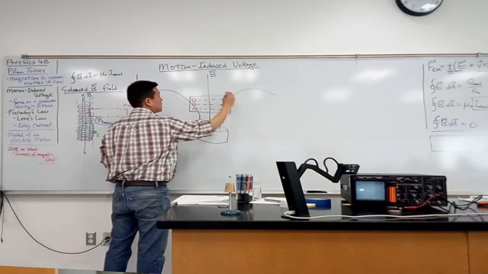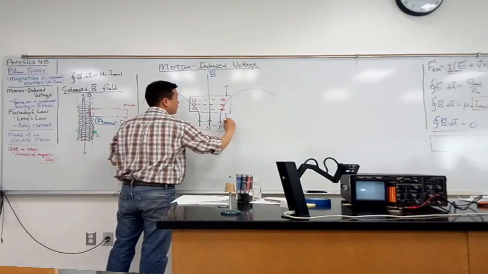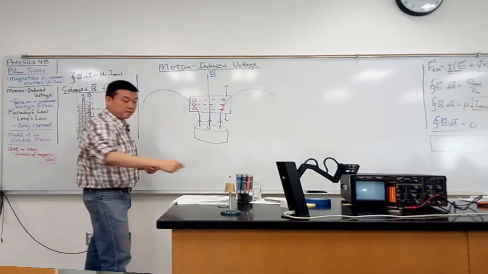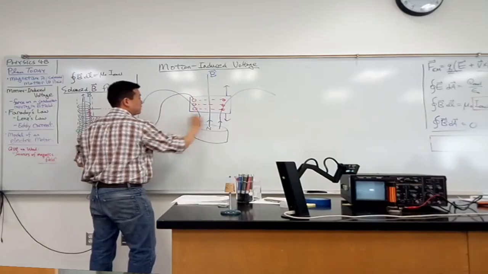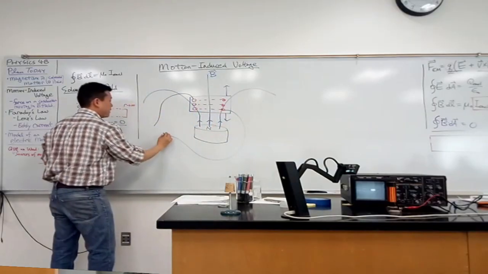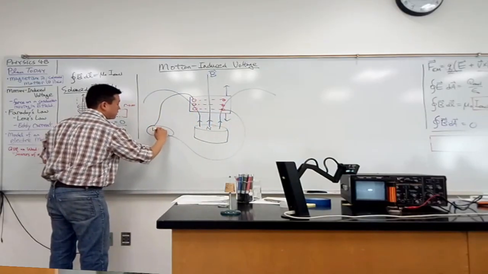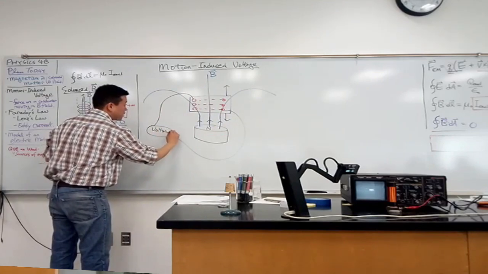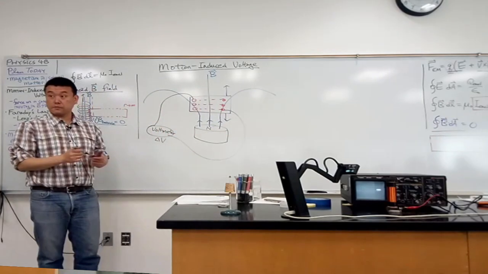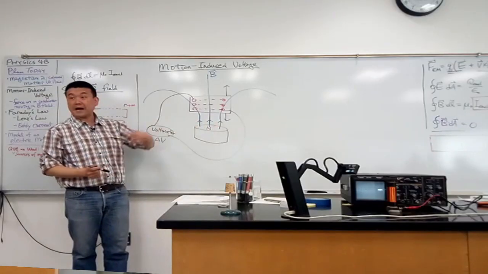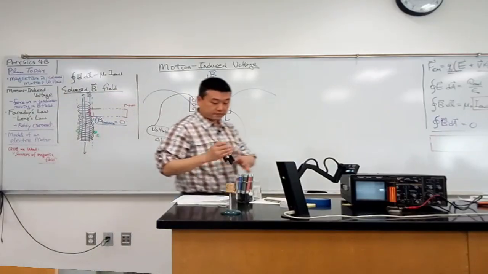When I hook up one end and the other to a voltmeter, I actually measure a difference in voltage here, whereas when I didn't have the magnet, there was no voltage difference.